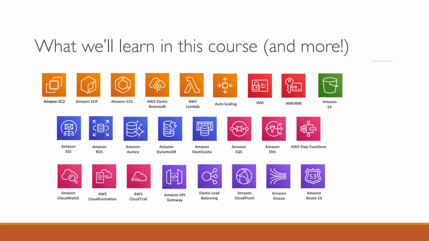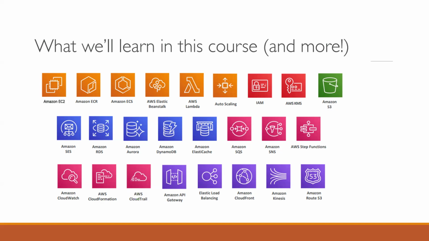The services are Amazon EC2, ECR, Elastic Container Service, Container Registry, Elastic Beanstalk, Lambda, Auto Scaling, IAM, KMS, S3 storage, SQS, RDS, Aurora, DynamoDB, ElastiCache, SQS, SNS, AWS Step Functions, Amazon CloudWatch, Amazon CloudFormation, CloudTrail, Amazon API Gateway, Elastic Load Balancing, CloudFront, Amazon Kinesis, Route 53.